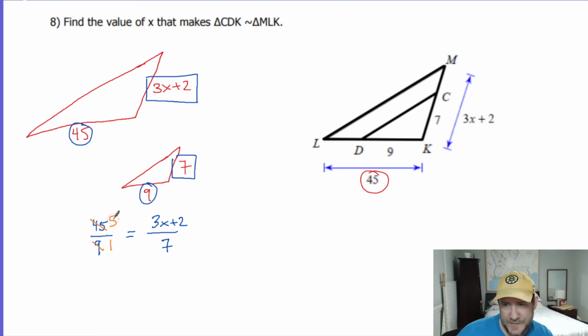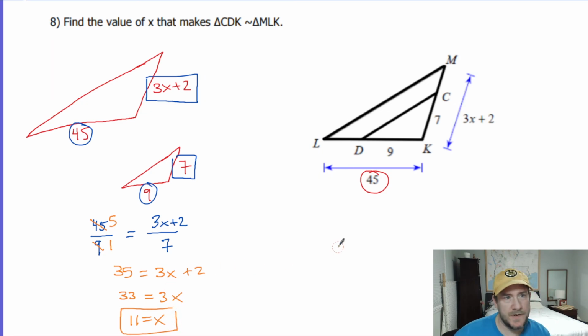Now when you cross multiply, 5 times 7 is only 35. That's easy to do. 1 times 3x plus 2 is really easy. It just stays 3x plus 2. So I'll subtract 2. The 35 will drop down to 33. It equals 3x. We'll divide by 3 and we get 11. And that'll do it.